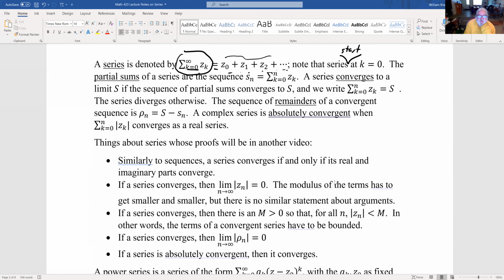So the partial sums of a sequence, now these are actually adding things together, right? You can add up the first n+1 terms. So S_n is z0 plus z1 plus z2 up to z_n.